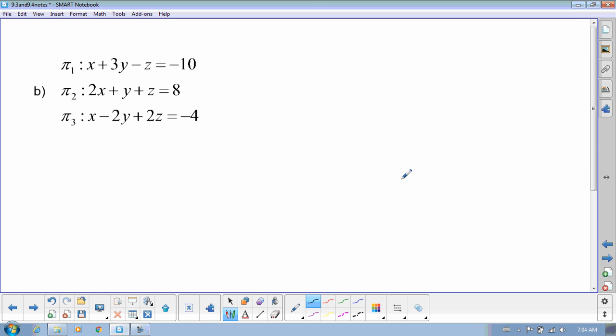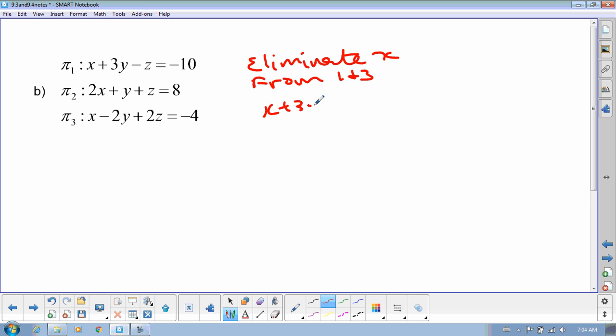Okay, so here we have 1, 3, negative 1, 2, 1, 1, 1, negative 2, negative 2. So these are not multiples. So I'm going to start by eliminating. I'm going to choose to eliminate x. You could choose to eliminate any other variable. I'm just choosing x. So I'm going to start off with 1 and 3. So I have x plus 3y minus z equals negative 10. X minus 2y plus 2z equals negative 4.